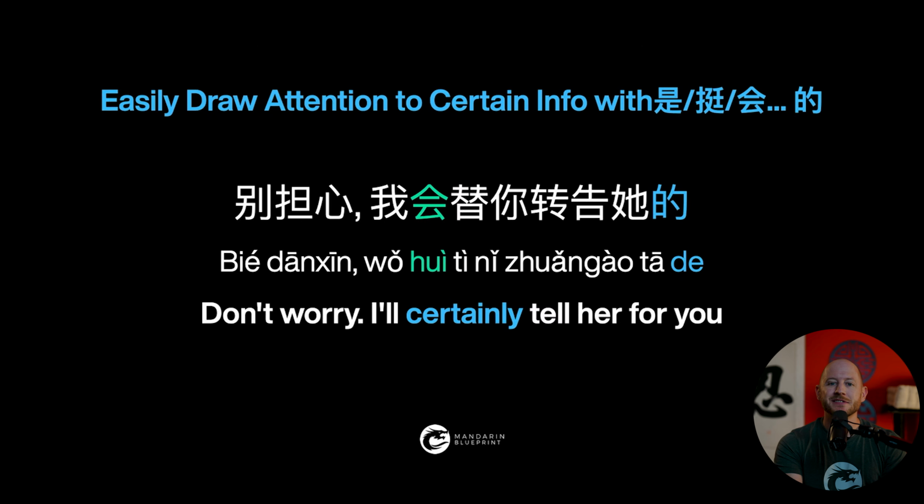别担心，我会替你转告他的. Don't worry, I'll certainly tell her for you. And I like that because this uses a couple of words I really like. 替 means to substitute, replace. It's like for you, in place of you. So 替你, in place of you, 转告. So 转 means to transfer, and 告 means to say.